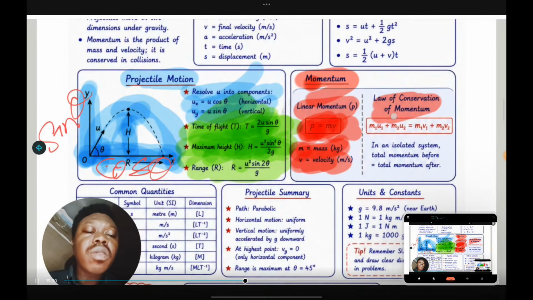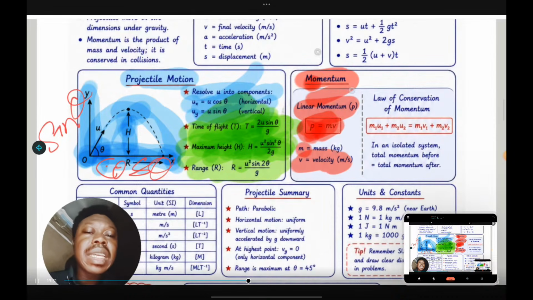Then we have the law of conservation of momentum. You have the initial momentum for the first body and the initial momentum for the second body, then the final momentum for the first body and the final momentum for the second body. Take note of all this.